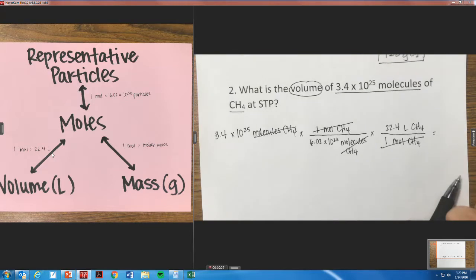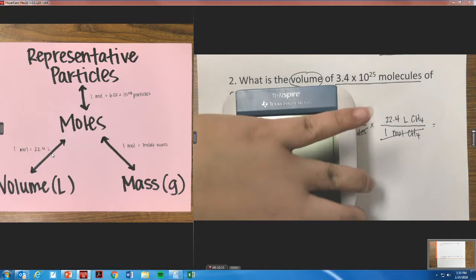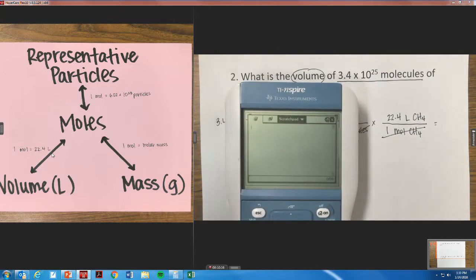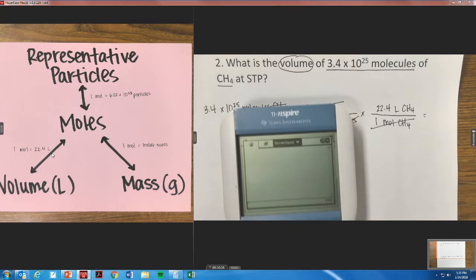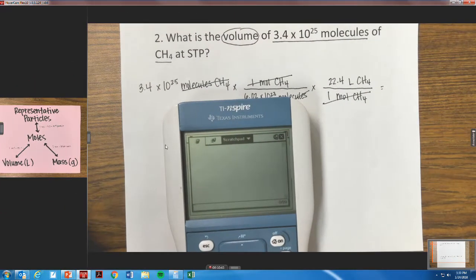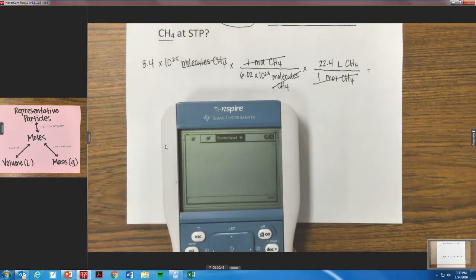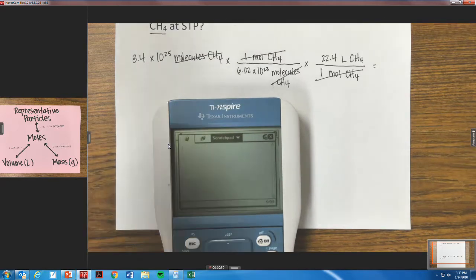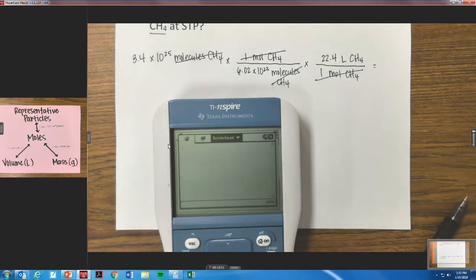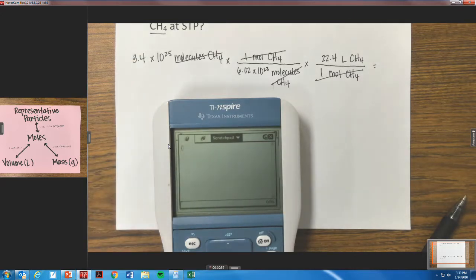Okay, so I'll just go ahead and work out the problem for you. On your calculator, let me zoom out just a bit so you can see. Remember, whenever you're using a scientific notation number in your calculator, you must put that number into parentheses.